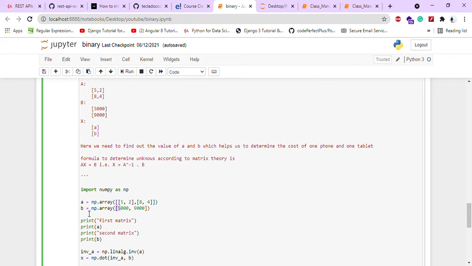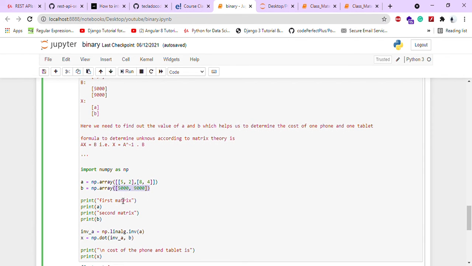Now coming back to the second value, b is equal to np dot array, with one tuple consisting of 5000 and 9000. These are the constant values.